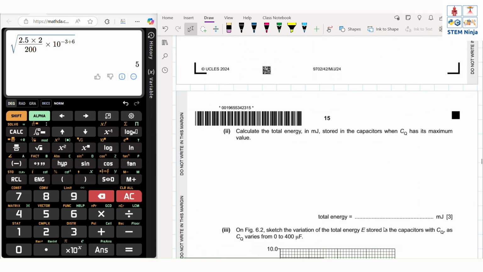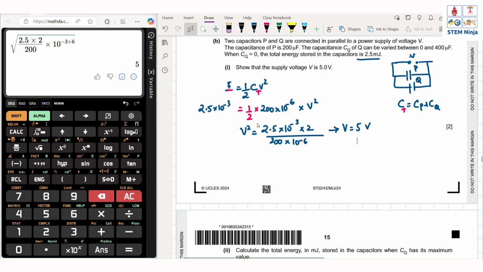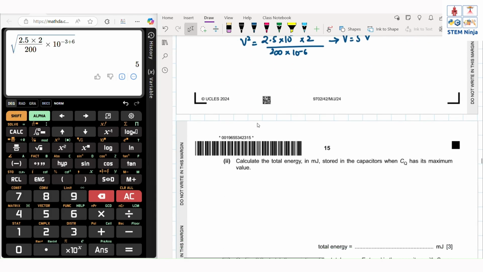Now, calculate the total energy in millijoules stored in the capacitors when CQ has its maximum value. So maximum value will go up to 400 microfarad. So E is equal to half C total V squared. So C total is going to be 600 microfarad.